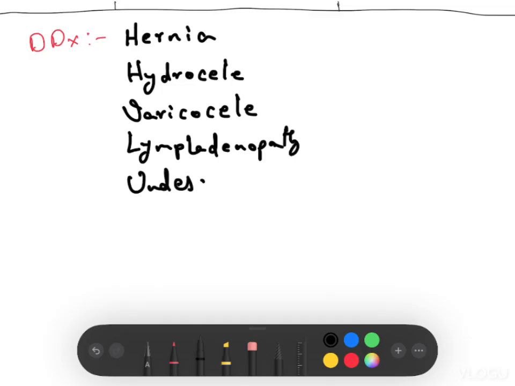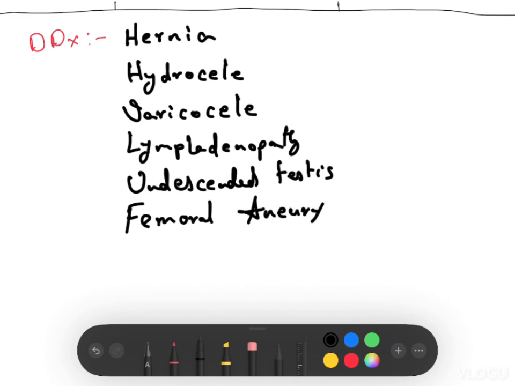Next, if it is a child, we have to mention undescended testis. Next, femoral aneurysm. Okay, so in hernia the cough impulse will be positive.